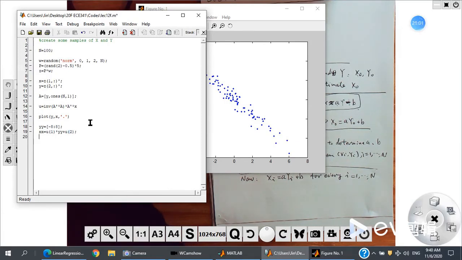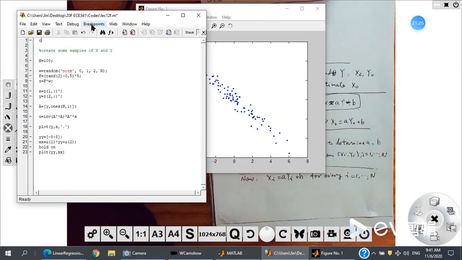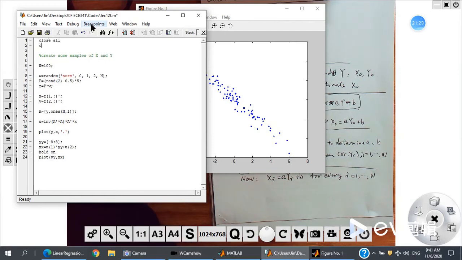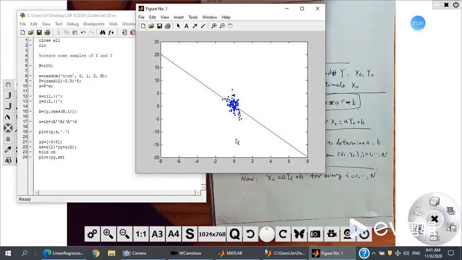Then I plot it in the same picture. So hold on, and plot. This is y, x. Okay, in the front, close. Oh, you see? Then we have a straight line that looks like this.